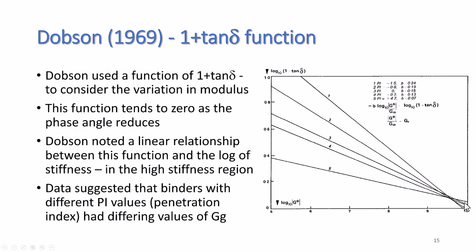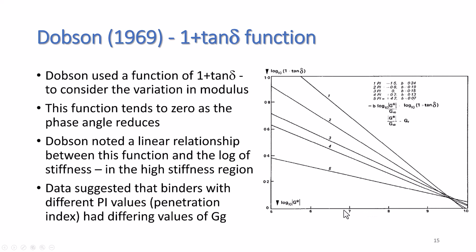And you can see where these lines intersect is going to be different. Generally speaking, the higher the penetration index, which would be consistent with higher asphaltenes or higher oxidation level, the higher the intersection on this scale.